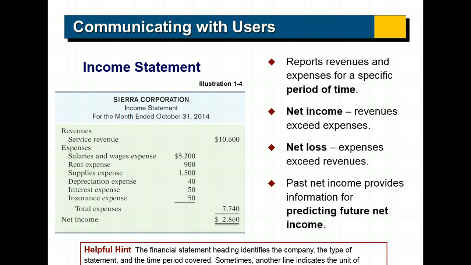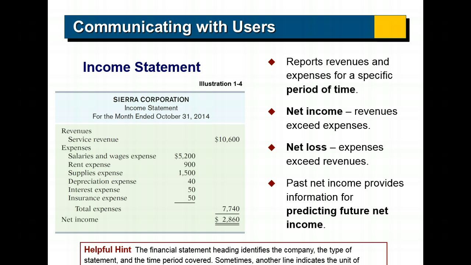So for example, an income statement for the year ended December 31st, 2014 is not just what happened on December 31st, 2014. It's January 1st through December 31st. It covers a period. Sometimes it can cover a week, a month, a quarter. But the income statement shows the operations or the results of the revenues and expenses over a period of time.